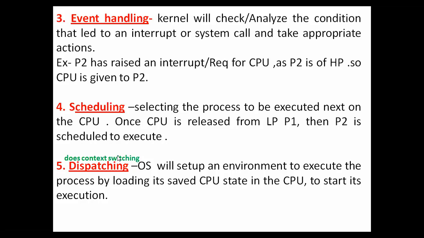Once we have the context save, then we can go for the switching to the next process. So dispatching is nothing but the OS setting up an environment to execute the process by loading its saved CPU state in the CPU to start its execution. So here the OS will create an environment so as to have the context switching done from the first process to the second process, and that can be called dispatching.